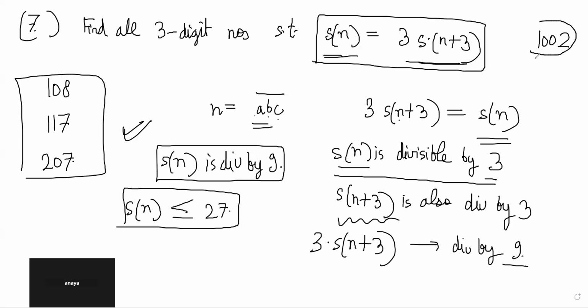The sum of digits here is 3 only. So 3 times 3 is not equal to the sum of digits of 999, which is 27. So S of n equal to 27 doesn't work.